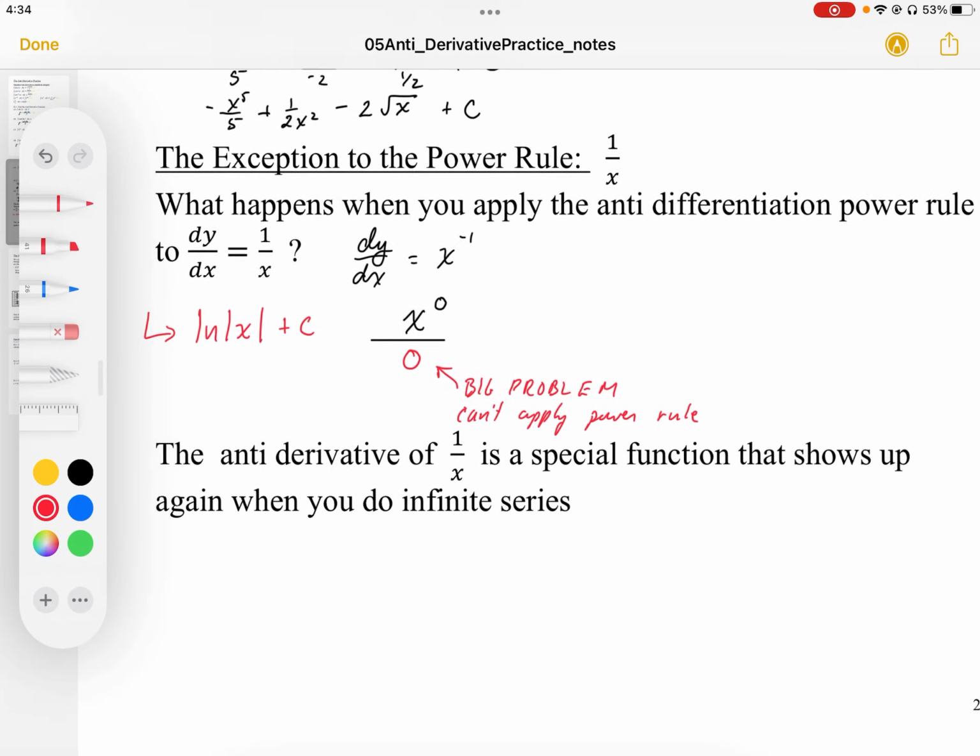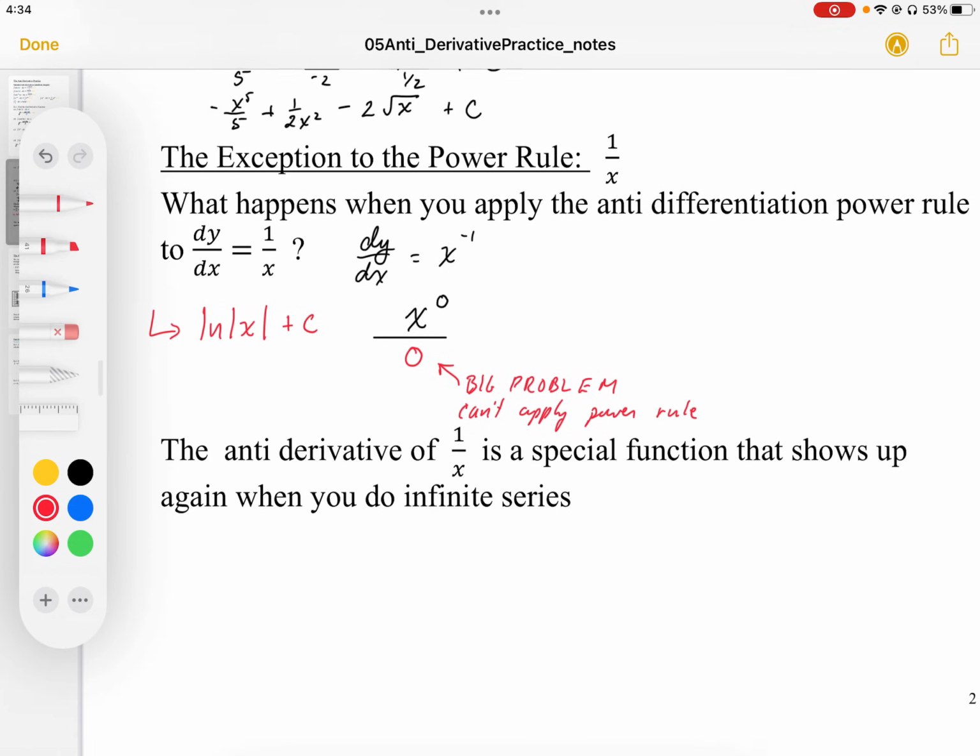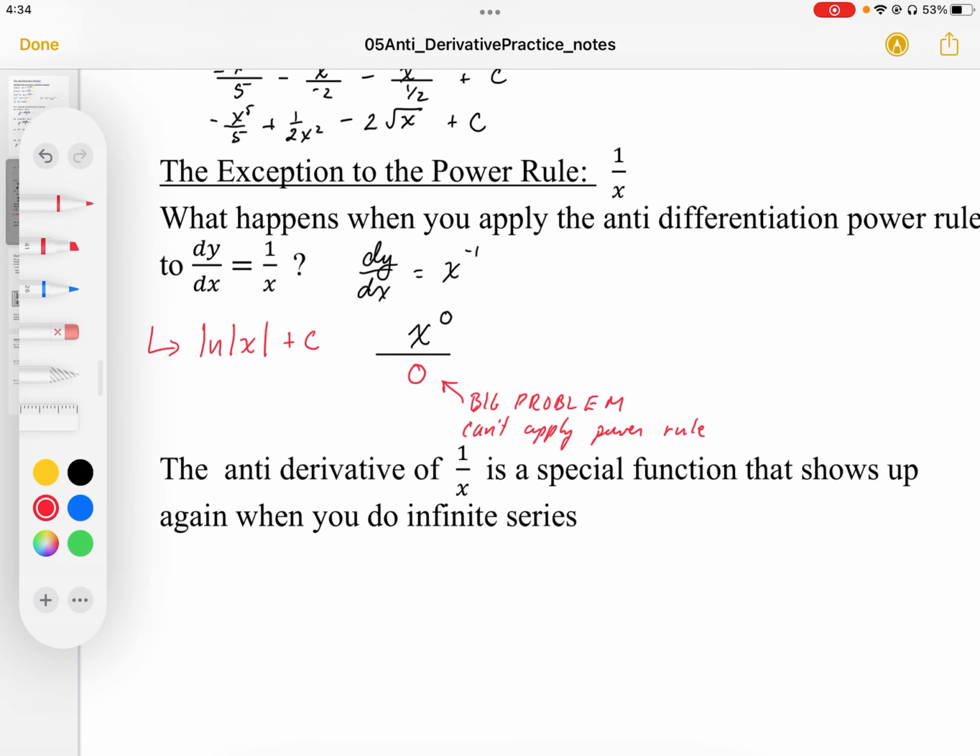The other thing that we have to be careful of is that we can apply power rule, but if we did apply power rule to 1 over x, we actually run into a little bit of a problem. Okay, and we can probably recognize that, oh, this is a problem, I probably did something wrong. But one thing that we have to be careful of is the reverse as well. So we cannot apply log when we have something like this. So 1 over x squared.